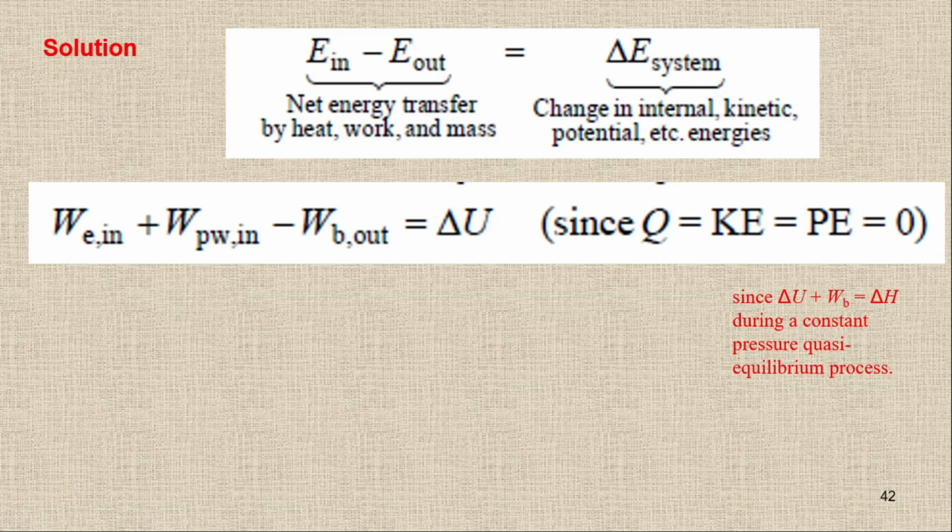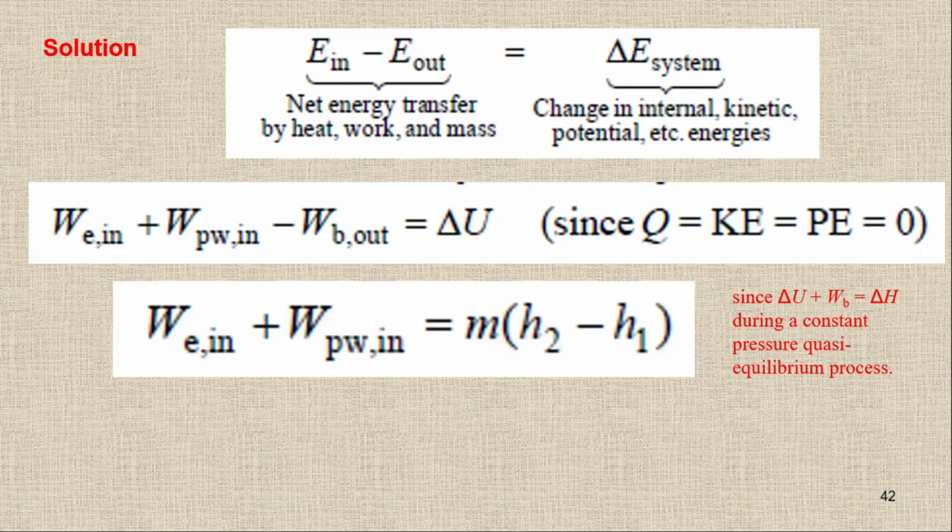So I can rewrite the equation like this. We have the electric work coming in plus paddle wheel work coming in to the system, and it must be equal to m times the change in the specific enthalpy. So if I can get the values of H1 and H2, then I can easily get the electric work, and then we can find the value of voltage.